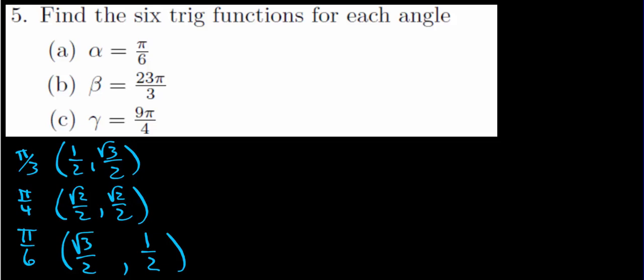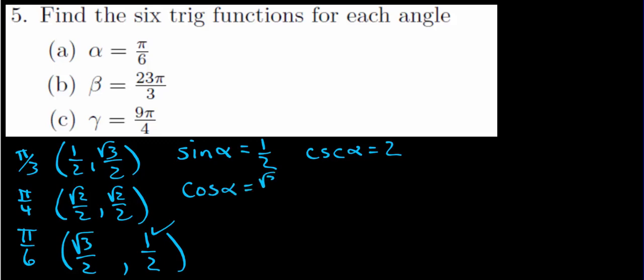So if you're talking about pi over 6, we've got sine alpha for pi over 6, that's going to be 1/2. See, the y coordinate. And we might as well go ahead and get cosecant, which is the reciprocal. Then we've got cosine, which is square root of 3 over 2.